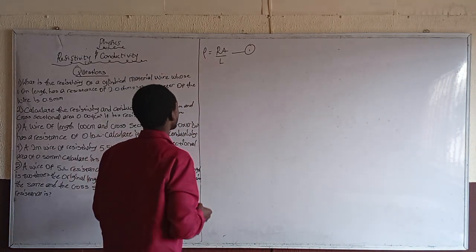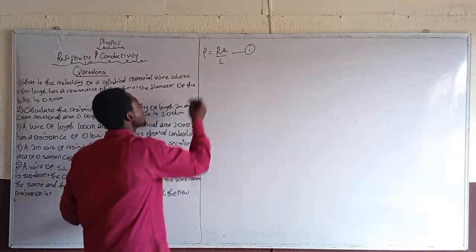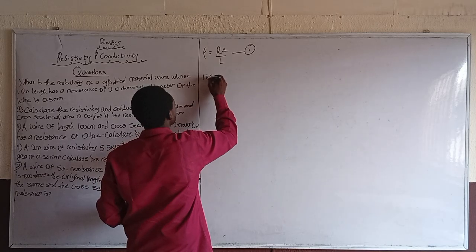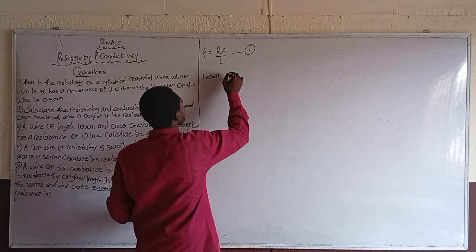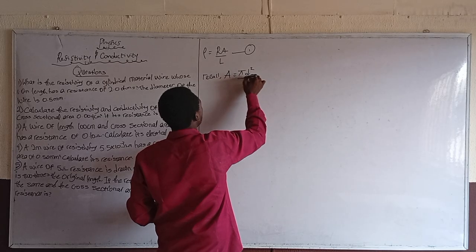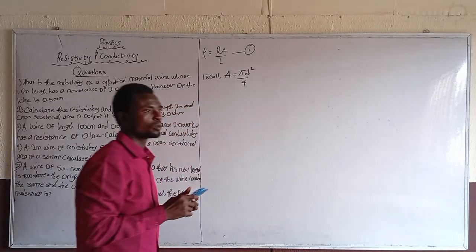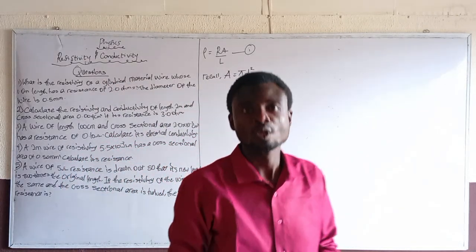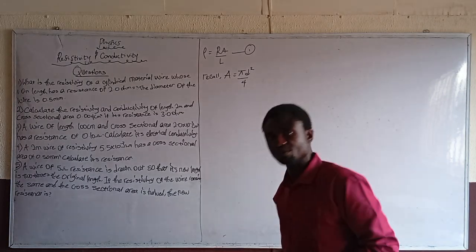So from there, recall that area is pi d squared over 4. Now, there are some questions whereby you will be given the diameter.